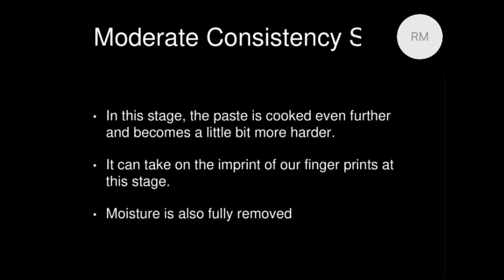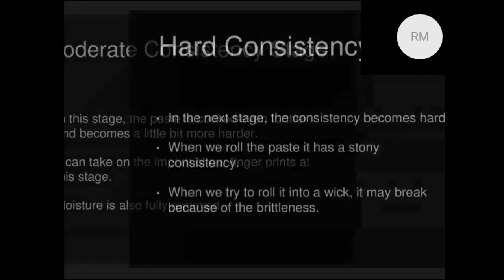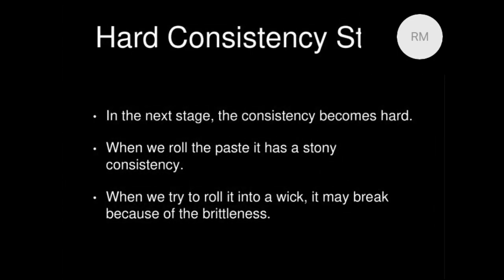And then we have the hard consistency, because as you keep cooking again and again, the consistency becomes hard. In this stage, when we roll the paste, it becomes very stony. I mean, it becomes quite hard. And when we try to roll it into a wick, it may break because of the brittleness.